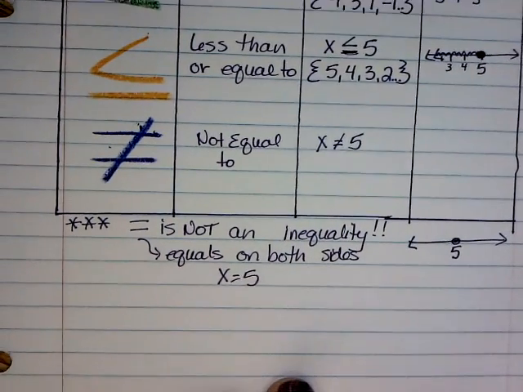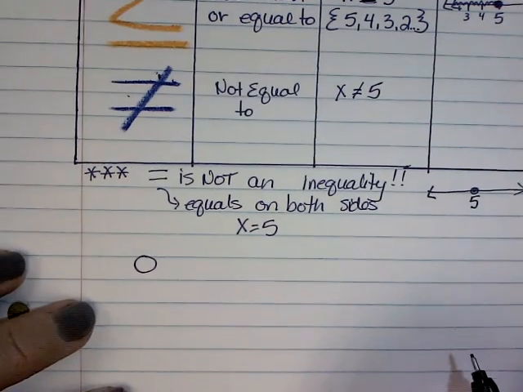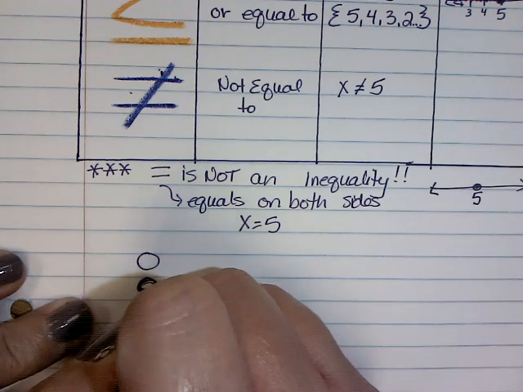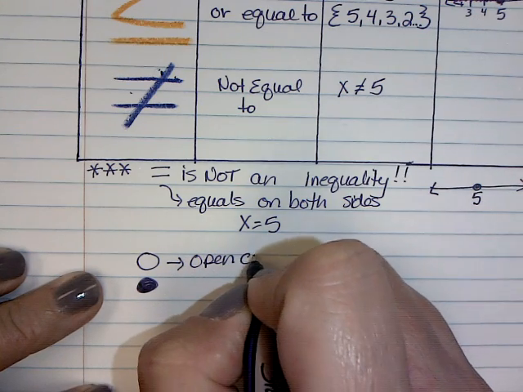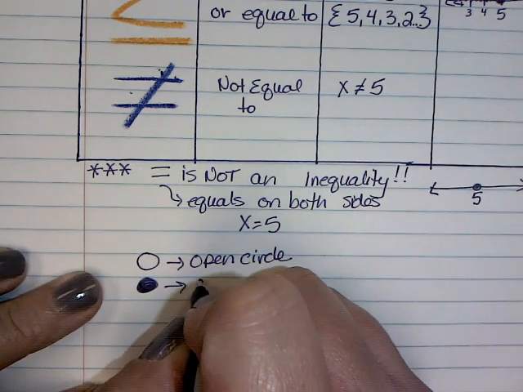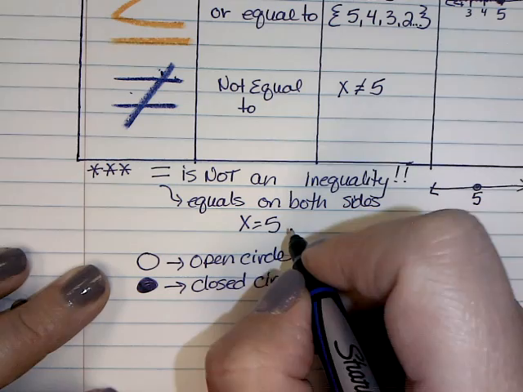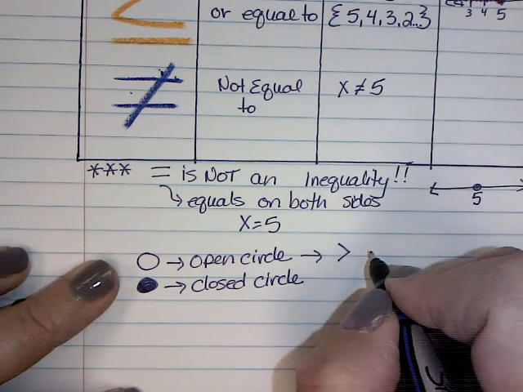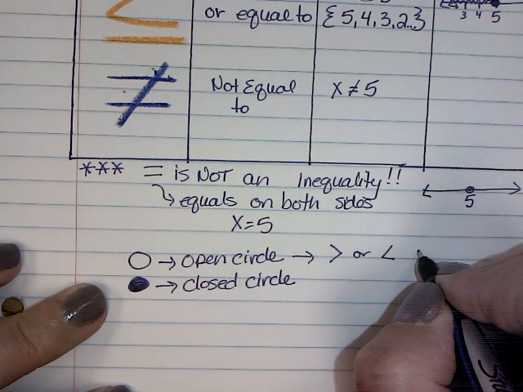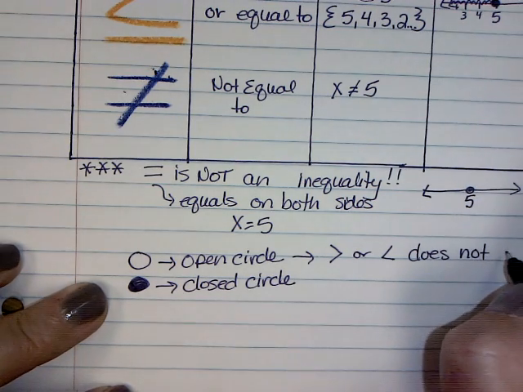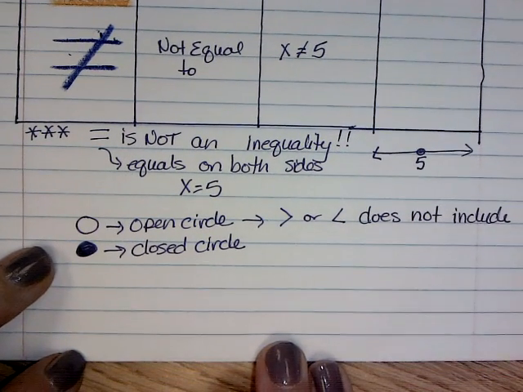So let's back up a little tiny bit and catch up to what we kind of said. I know that we have an open circle and that we have a closed circle. That open circle is used for greater than or less than, and does not include that number.